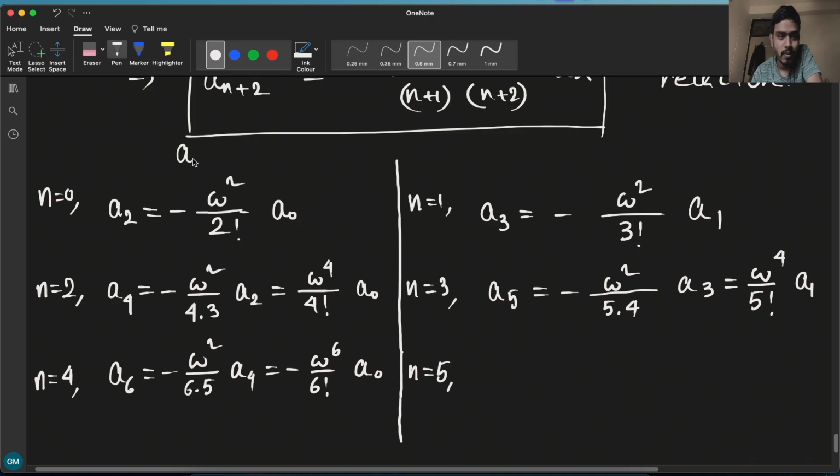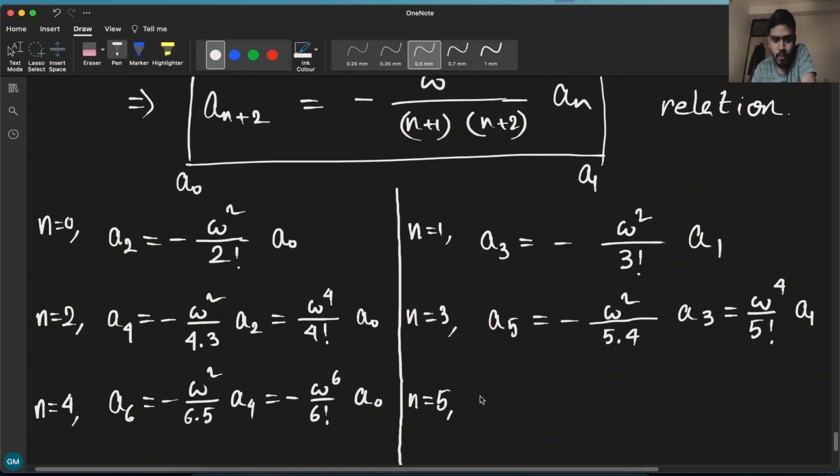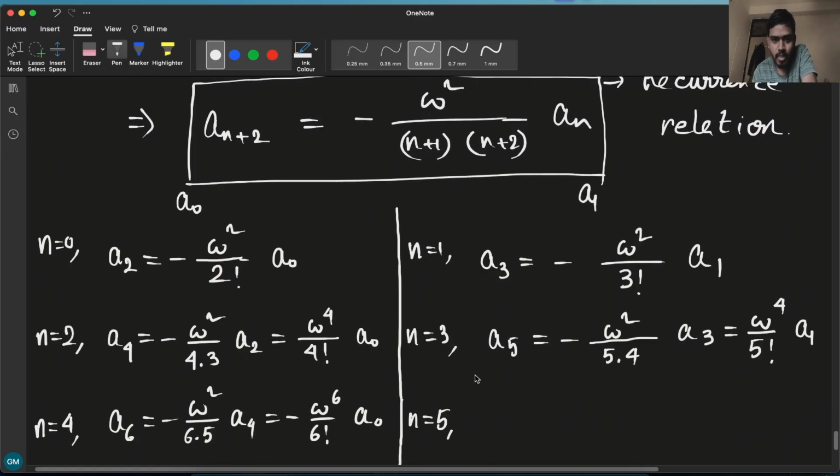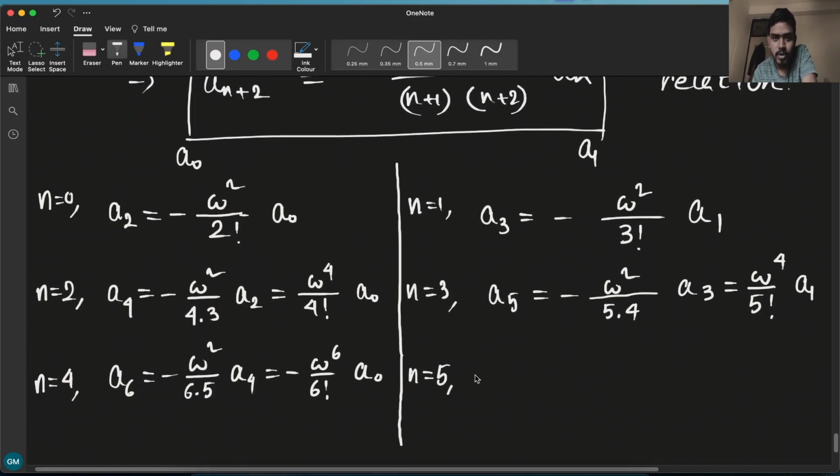This will be in multiplication with a0, and this will be in multiplication with a1. You can try to guess why we are getting two series, one with a multiplication factor of a0 and another with a multiplication factor of another constant, that is a1. You can try to think about it for some moment, then I will tell the answer.